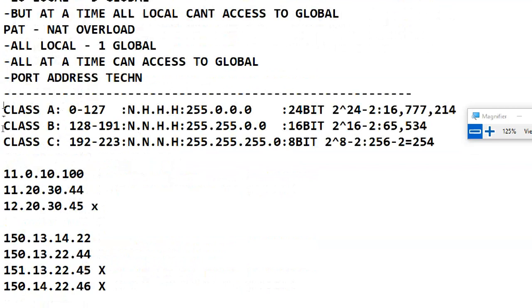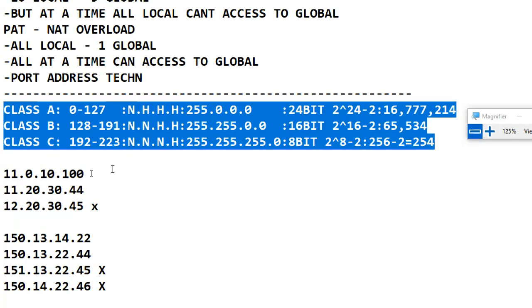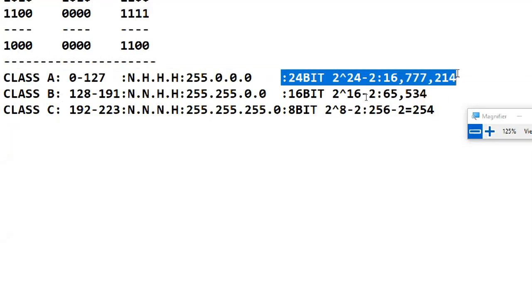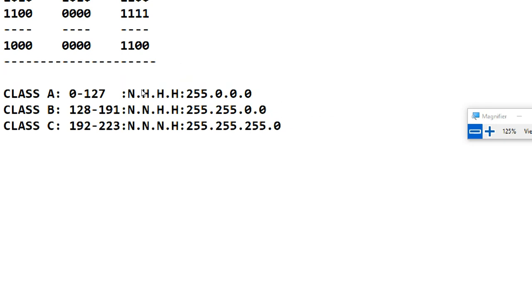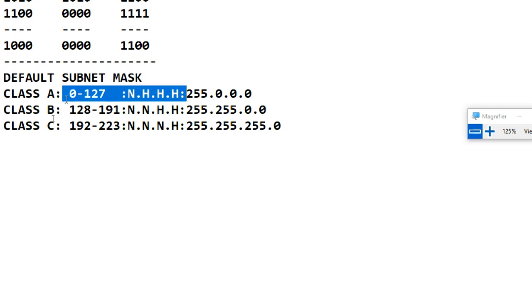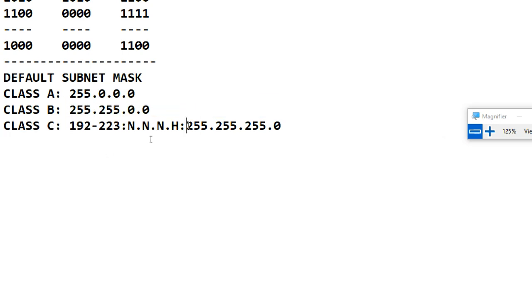Now we'll see how to calculate the network ID and how to make sure that systems are communicating with each other. So these are the classes. These are the default subnet masks for each class. Class A: 255.0.0.0, 255.255.0.0, 255.255.255.0.